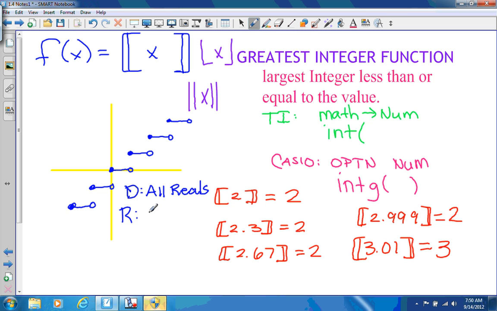So our range is going to be just integers. And this function is neither even nor odd, because you cannot spin it and get the same thing, and you can't fold it along the x-axis.